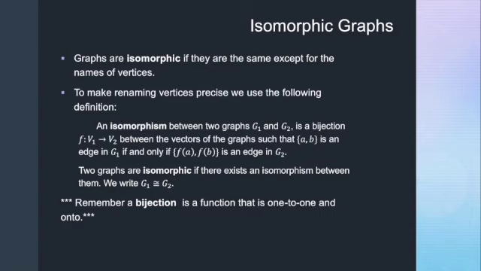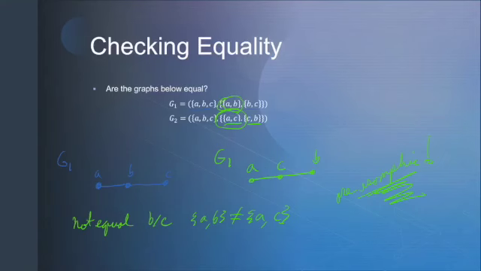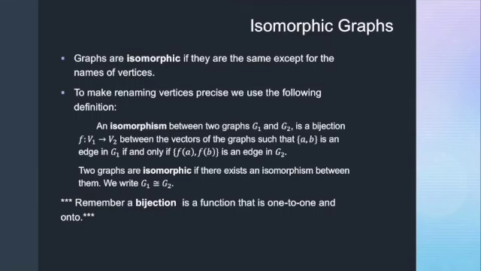So graphs are isomorphic if they are the same except for the names of their vertices, right? We could say that these graphs are the same, but the names of their vertices are different. So in order to make renaming vertices precise, we use the following definition. So here's the formal definition of an isomorphism. An isomorphism between 2 graphs is a bijection.